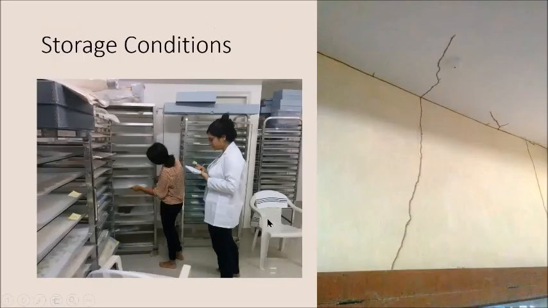Now coming to the storage conditions. This is one of the examples where we rescued a large collection from a storage room, which had a termite attack, and this collection was very important for a particular community.